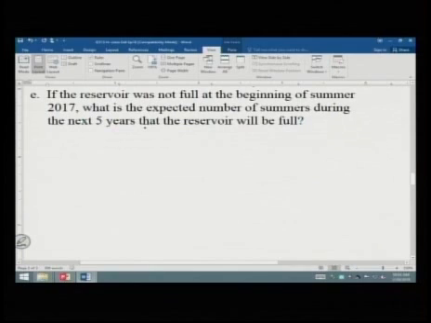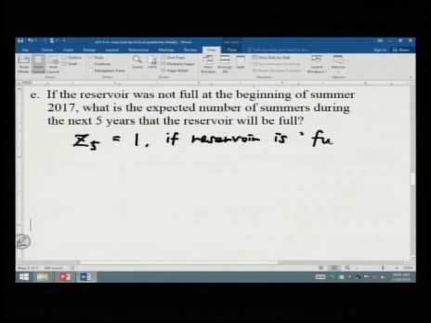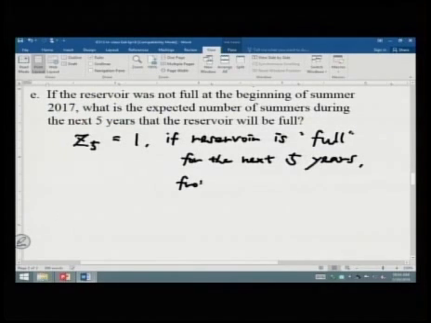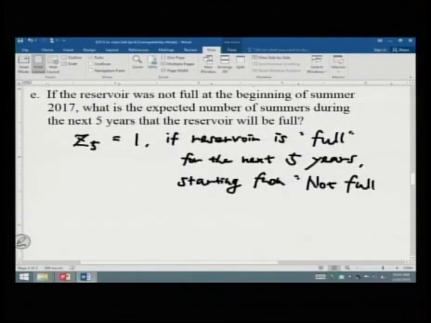Actually in this case, it will be easy if you define a random variable, let's say G sub 5, equal to 1 if the reservoir is full for the next 5 years, starting from not full this year.